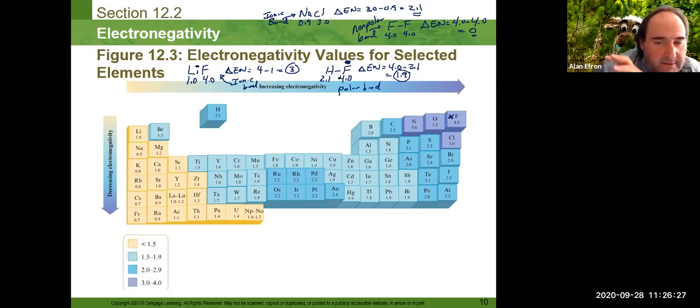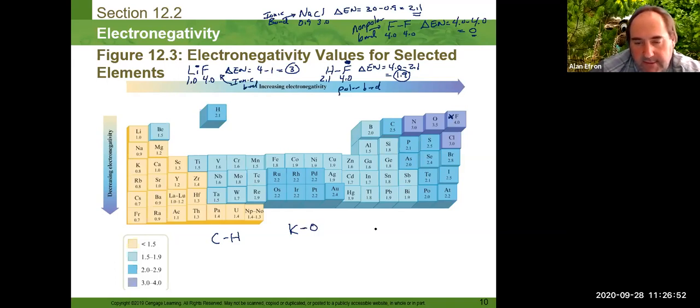Question on how to use this table here. So why don't you try some here? Let's say we had a bond between carbon and hydrogen. Is that going to be ionic, polar, non-polar? Let's do potassium and oxygen.